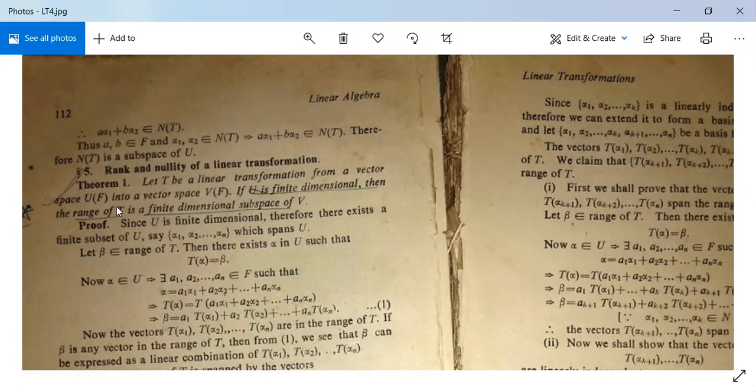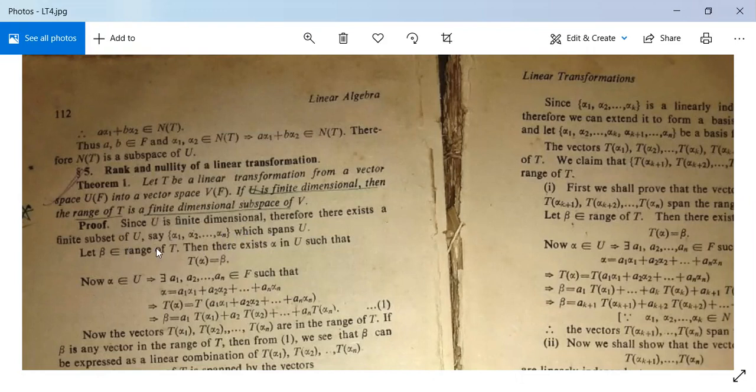Now we will prove that R(T) is finite dimensional. See here, proof. Since U is finite dimensional, there exists a finite subset of U, alpha 1, alpha 2, up to alpha n, which spans U. It is clear that U is finite dimensional, so we will have this finite set.